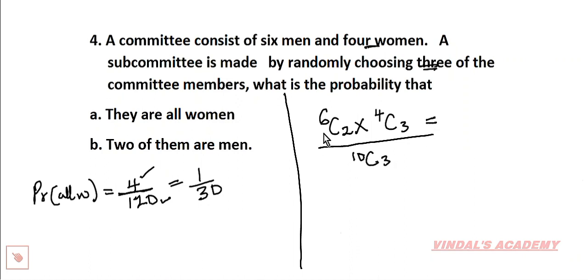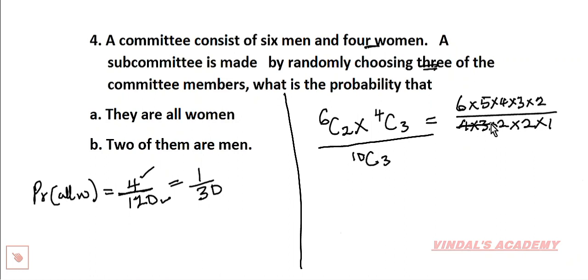Now, 6 combination 2 is something like what? It is going to be 6 times 5 times 4 times 3 times 2 all divided by 6 minus 2, which is 4, so 4 times 3 times 2, times 2 factorial, which is 2 times 1.